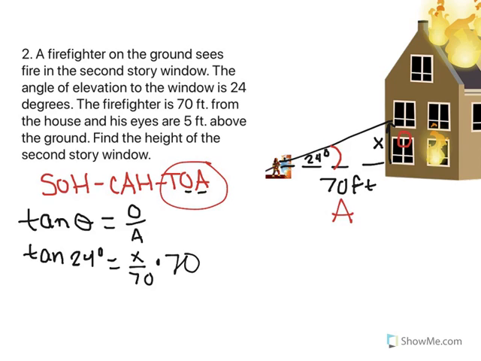To solve for x, multiply both sides by 70. Cancels on the right side. Just leaves me with x equals, grab your calculator, 70 times tangent of 24 degrees.